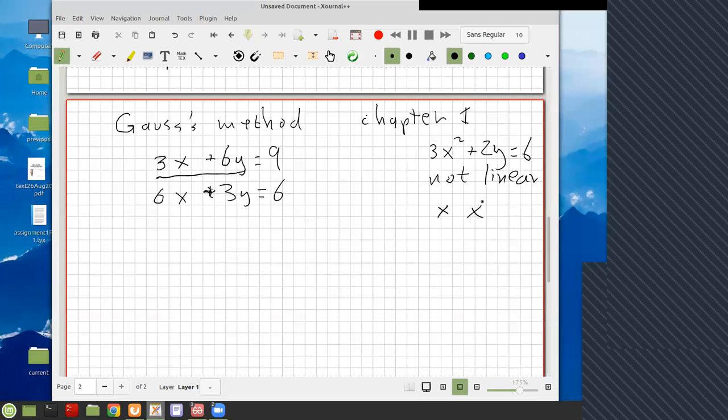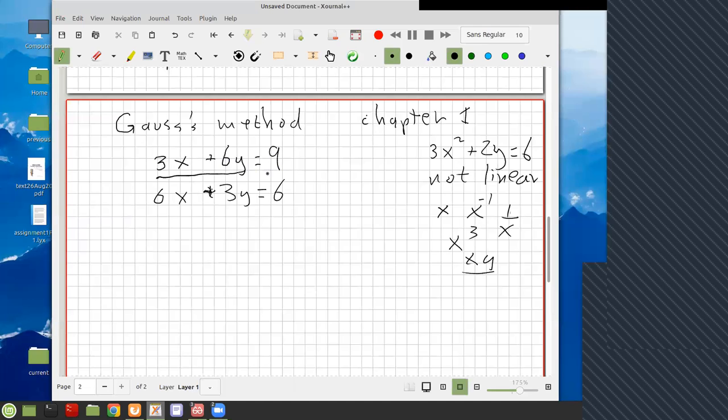You cannot have x to the minus 1, 1 over x, x cubed, any other power, or xy terms. So this is called a linear combination, where each term has just a number times one variable. You can't have two variables in a term. And then it's a sum of those terms. That's a linear combination. So a linear equation is just a linear combination equals a number.